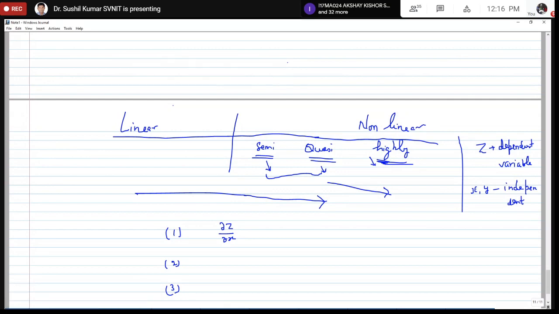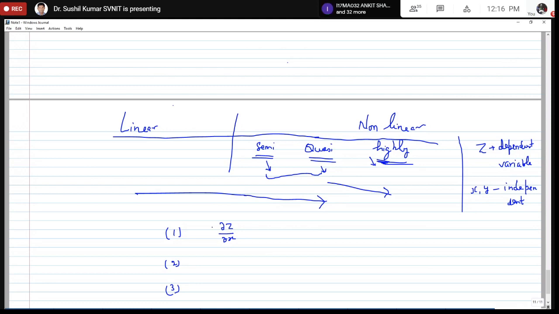If x, y, and z are independent, then we'll write u as the dependent variable. Here I'm using z, meaning z is dependent and x and y are independent.